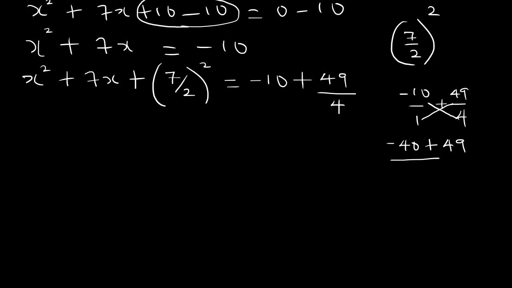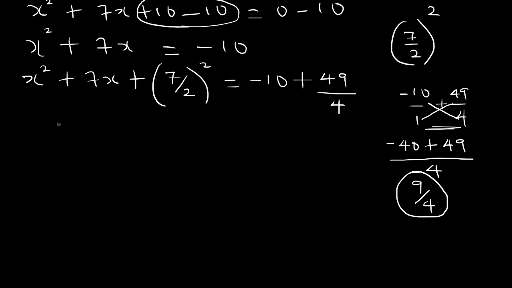And we're going to divide it by the product of the denominators, which is 1 times 4, that is 4. So if we sum this, 49 minus 40 is 9. So we have 9 over 4. The whole of our right hand side is equal to 9 over 4.